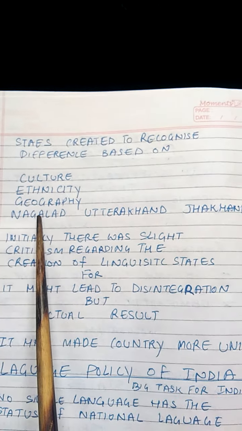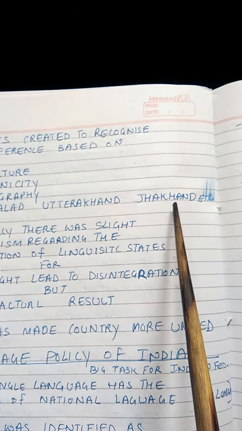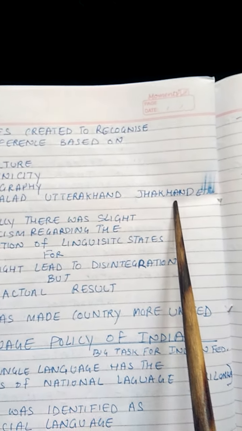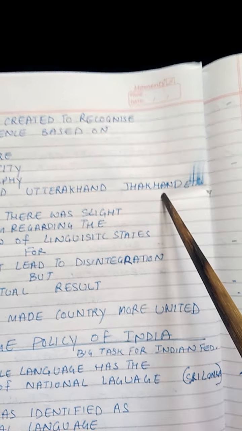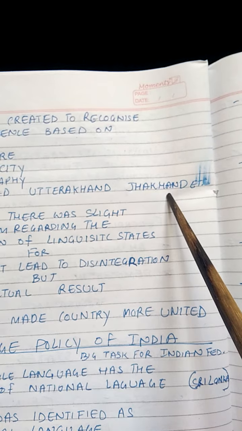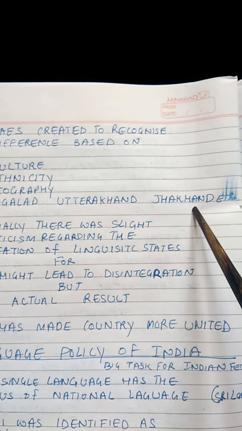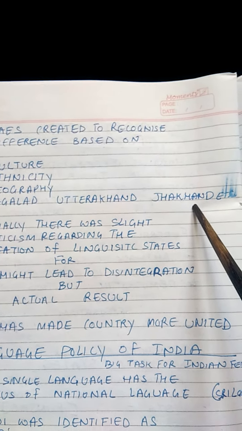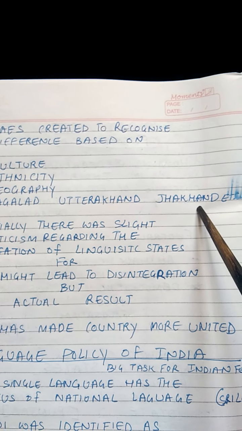For example, Nagaland, Uttarakhand, Jharkhand, etc. So, what did we discuss? That in India, linguistic states have been created, and states have been created to recognize differences based on culture, ethnicity, and geography.